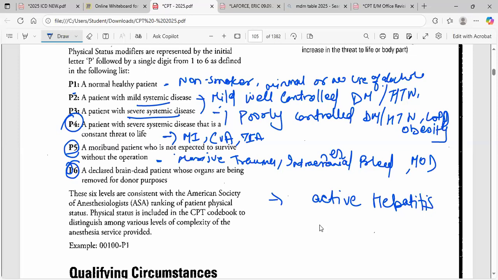What will be the modifier for that? Right.